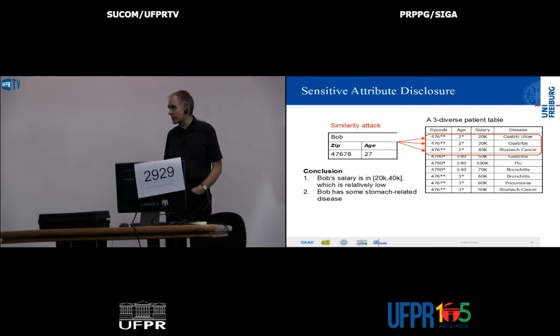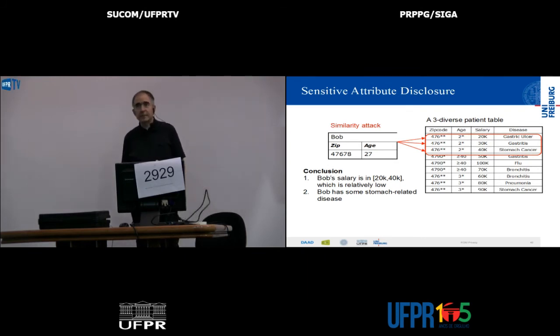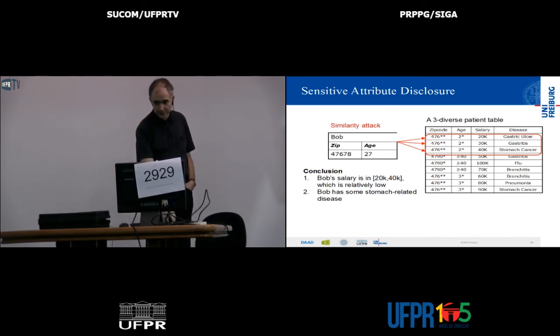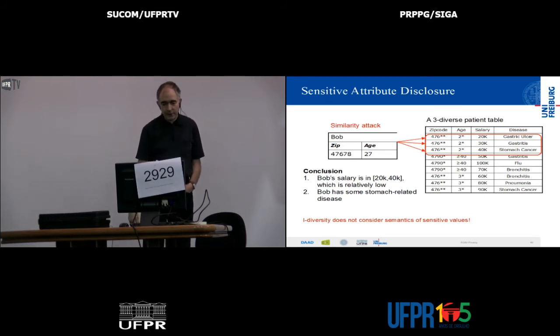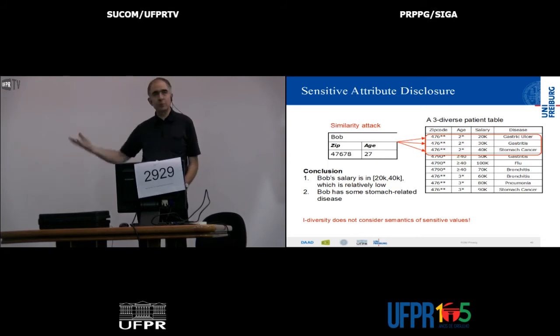So Bob isn't a very rich person. Was this intended when the first setup was made? Probably not. And now suddenly we can find out about the salary, simply because these diversity concepts do not consider the semantics of sensitive values. It's bits and bytes without meaning, and it's the human brain which becomes the dangerous attacker.